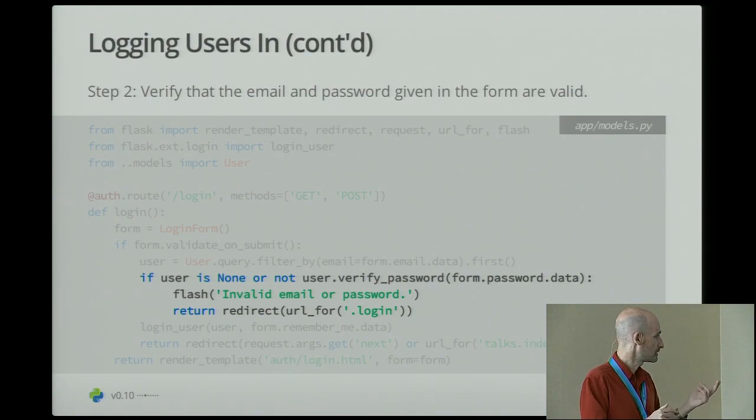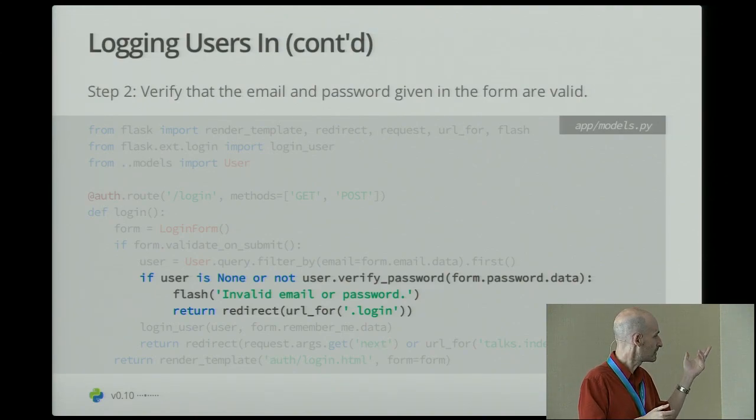Of course, I don't want to tell the potential attacker which one is wrong, so I say invalid email or password. I don't want to give more information than I need to, right? If I say invalid password, then this is a valid user, and that's not something you should be telling everyone about. You should protect the user's information.